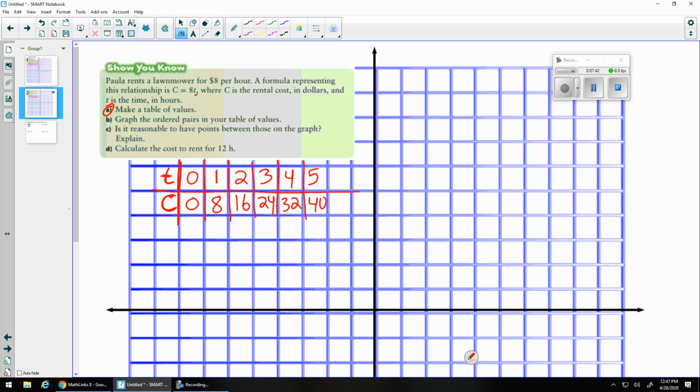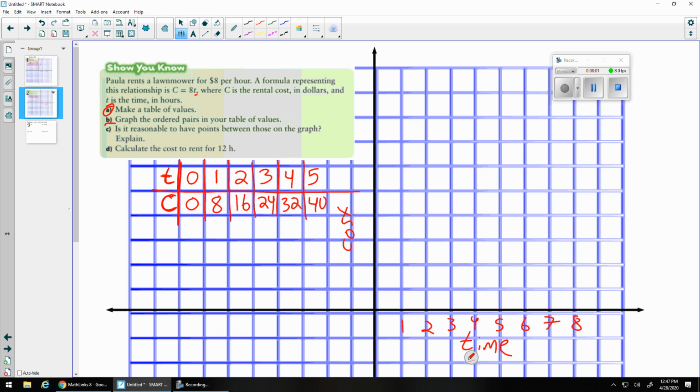So graph the ordered pairs in your table of values. Let's put time on the bottom here, and then cost going up our y-axis. So time: 1 hour, 2 hours, 3 hours, 4 hours, 5 hours, 6 hours, 7 hours, 8 hours, and it continues.